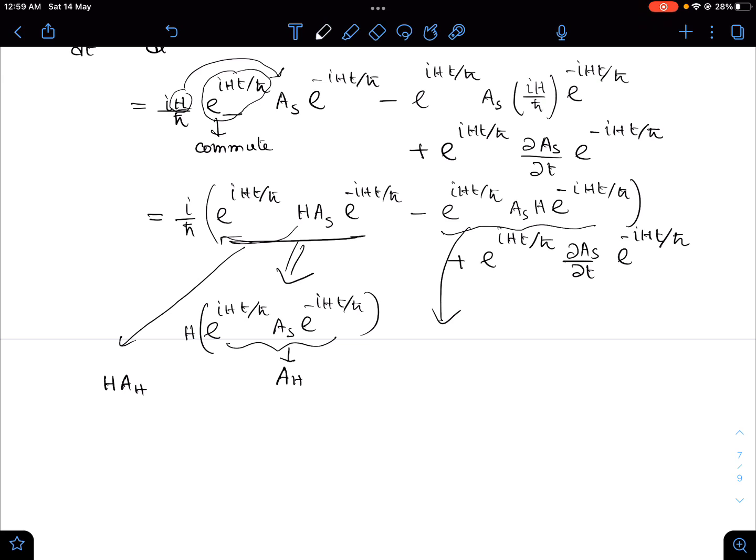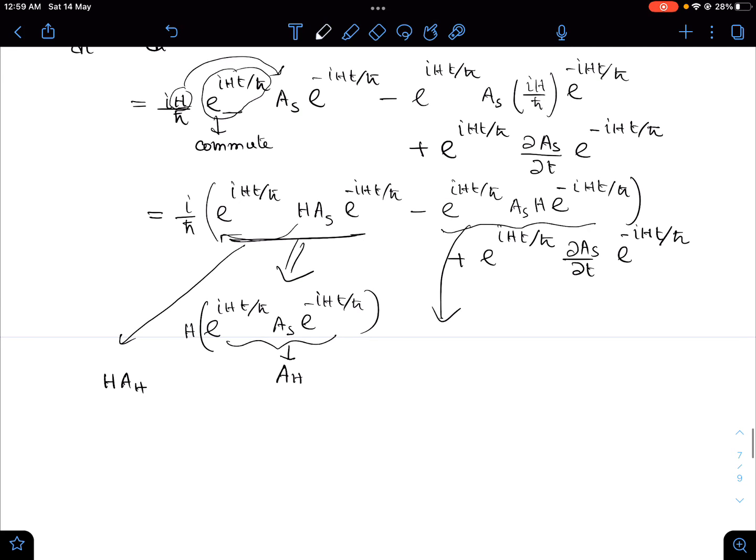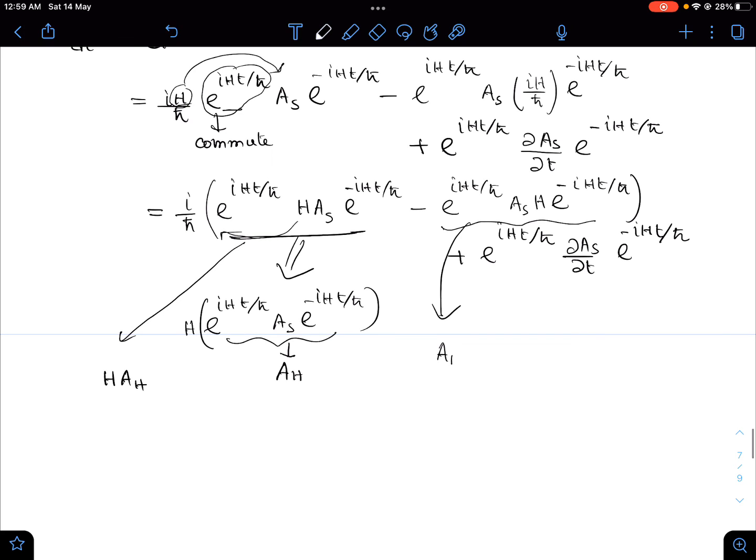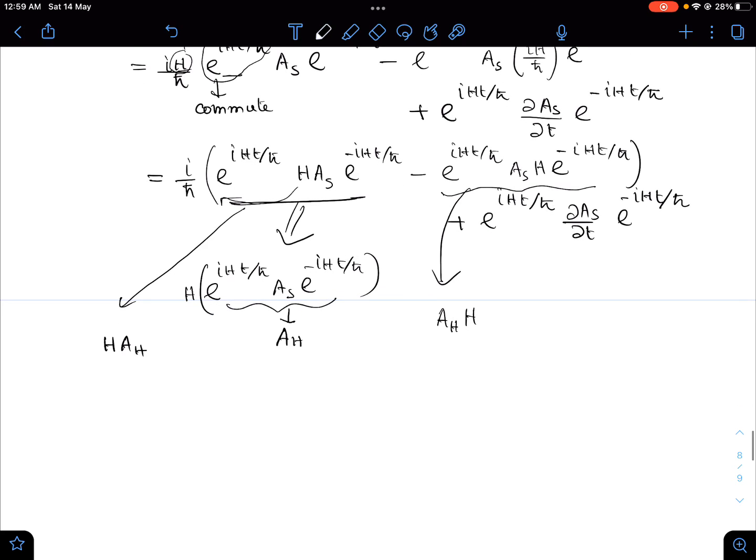So this expression, if you do in the same way, it will give you AHH. So from the first two expressions we are getting 1 by i h cut. If we consider 1 by i h cut, then we have AHH minus HAH, and we have the last term. So we can write this as delta del t of AH.